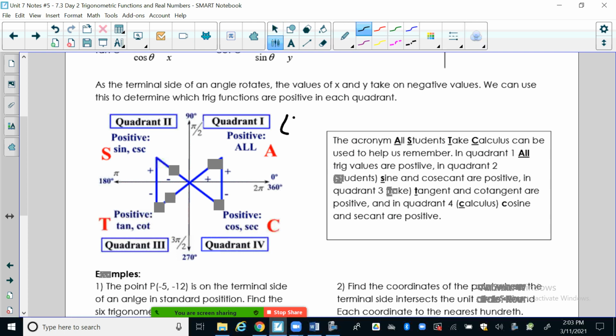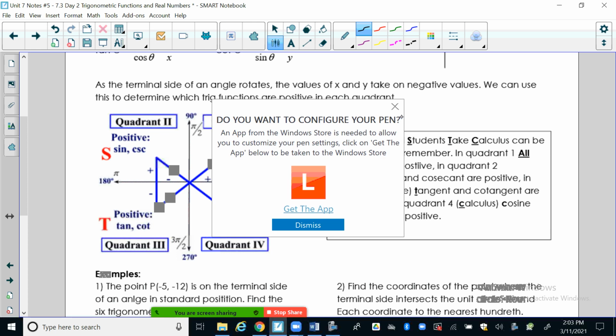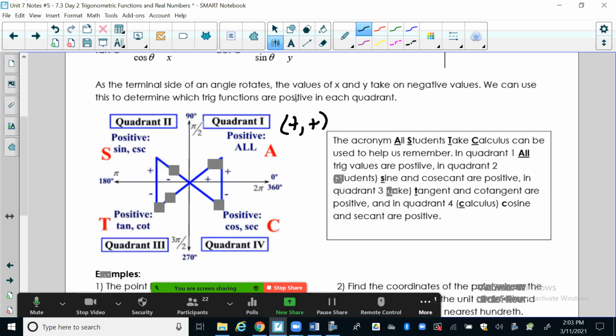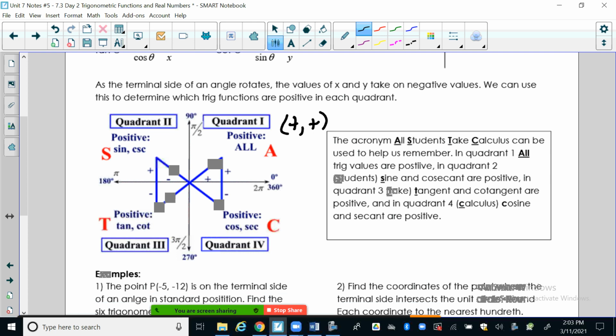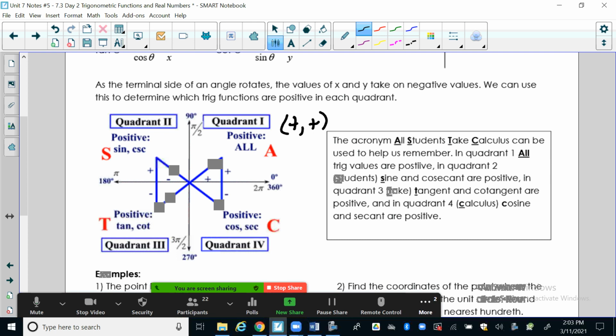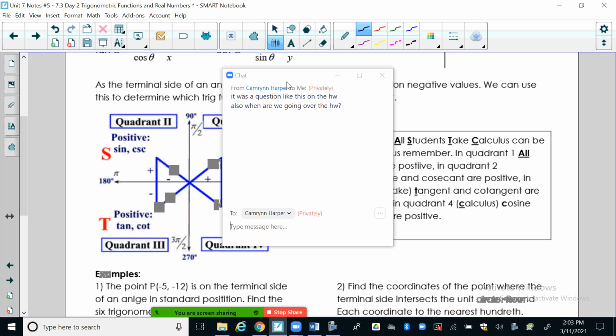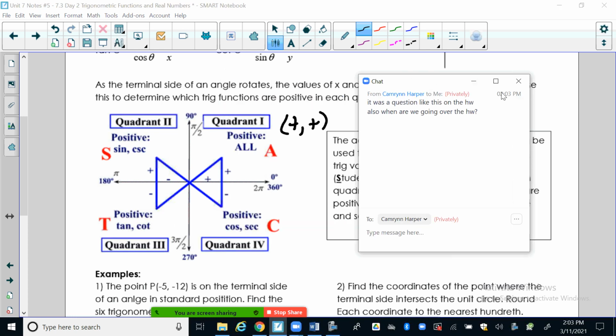Both our x and our y coordinates are positive, which makes tangent positive because a positive divided by a positive is still a positive, which then makes all of the reciprocal identities, cosecant, secant, cotangent, also positive. So in quadrant 1, all 6 of our trig functions are positive.